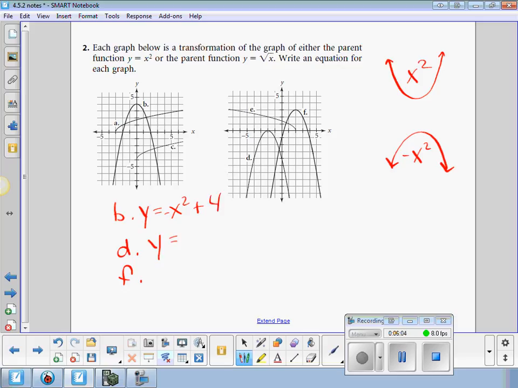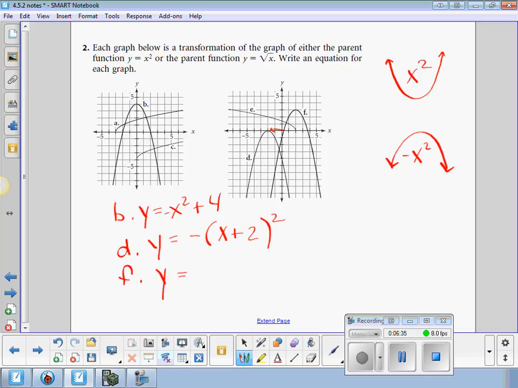D is negative parentheses. It's how many units away from home? 2 left. Here's how that needs to look. Then squared. Very important. It goes in like that, or you won't have the correct transformation. What's going on? And finally, F looks like it's strayed from home. This cat walked away on its back. How far?